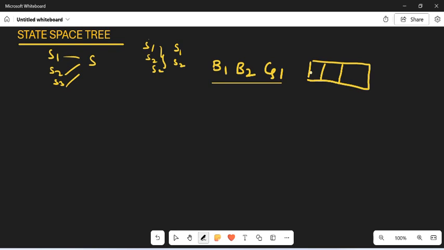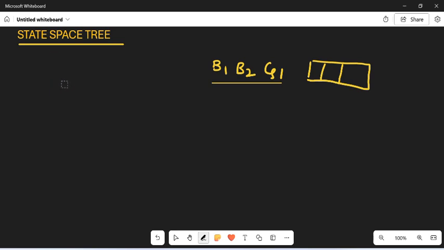First of all, I will explain what the different possibilities are, and then I will state the condition. Why are we applying a condition here? Because we need to get one solution out of all those possibilities. That condition we will call a bounding function. Now, in order to do this problem, I am using the state space tree to explain this example.